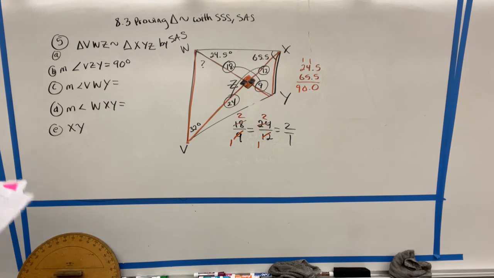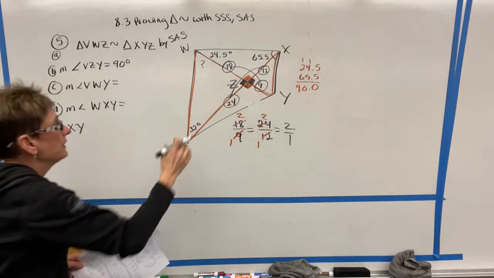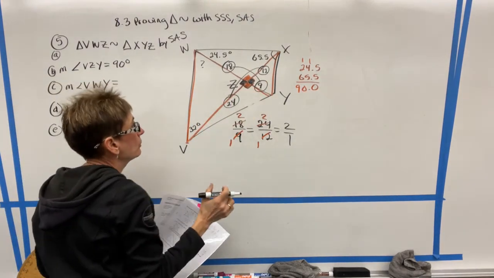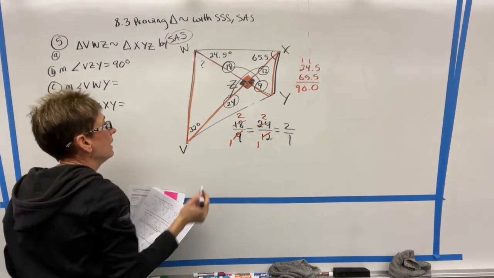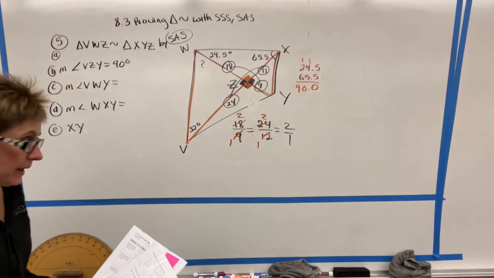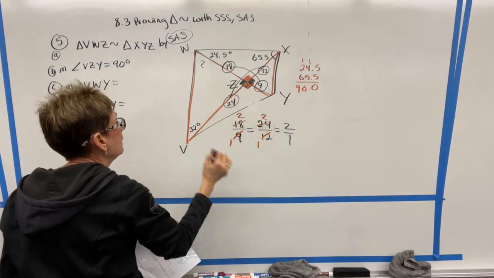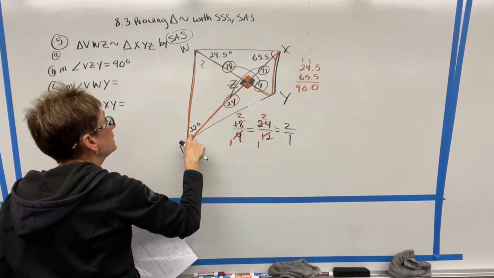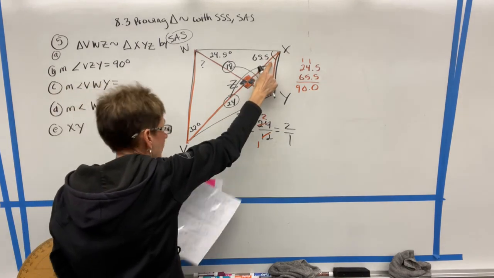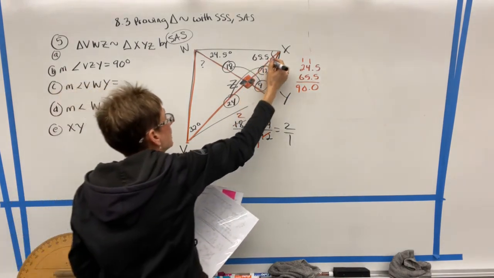Okay, so now that we can kind of see that these two triangles here are similar by side angle side, we know that all three of their angles have to be congruent. These are already 90 here. This angle 32 is going to correspond to this angle up here, which is also going to be 32.